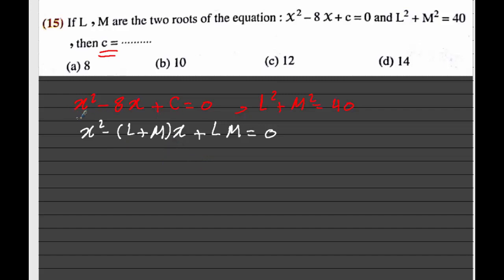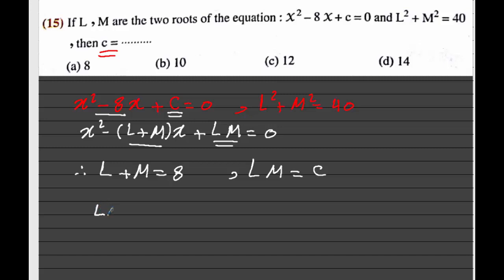So by comparison, we have negative 8 equals negative (L plus M). Okay, so L plus M equals 8 and C equals LM. We write LM equals C. But we know that L squared plus M squared, we can write in this form as in the previous question.